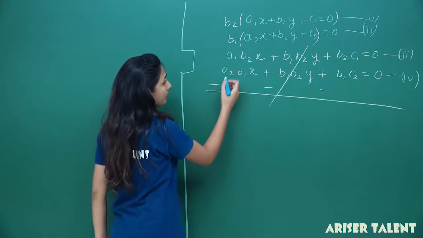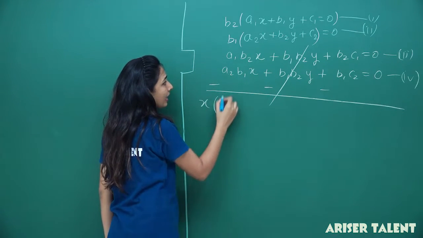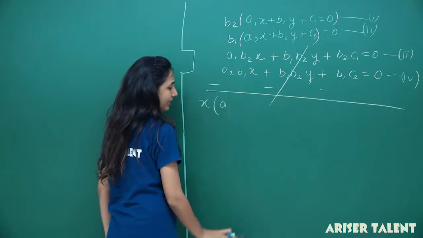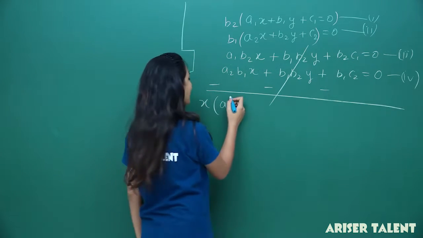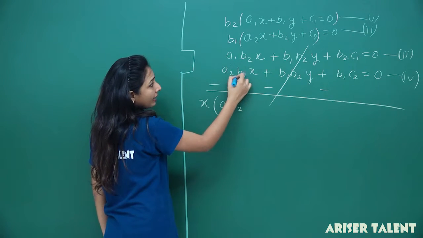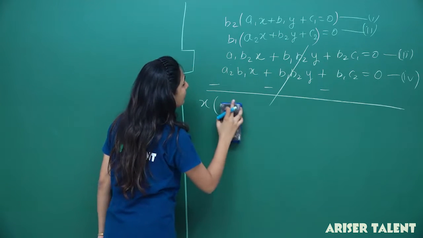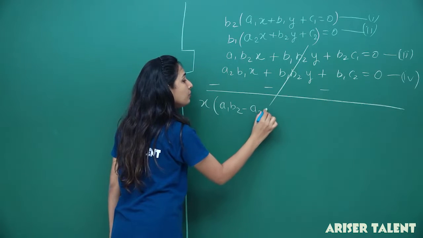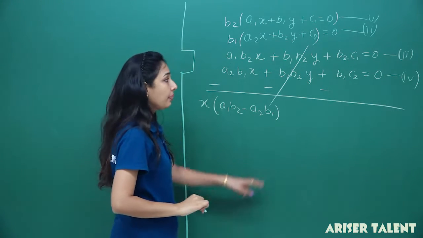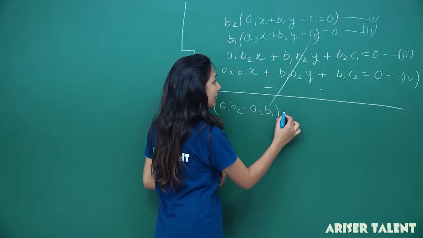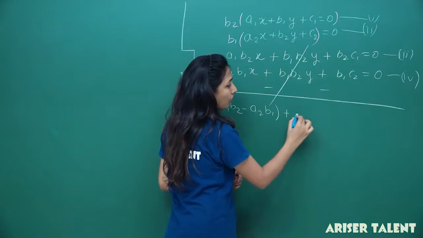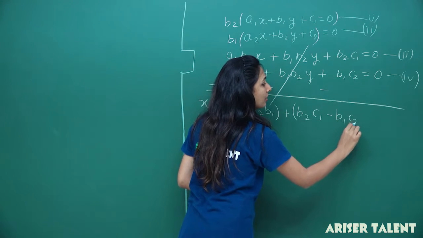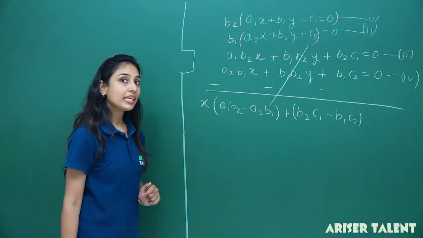Then x is common, so I get (a1 b2 minus a2 b1) x plus (b2 c1 minus b1 c2) equals 0.